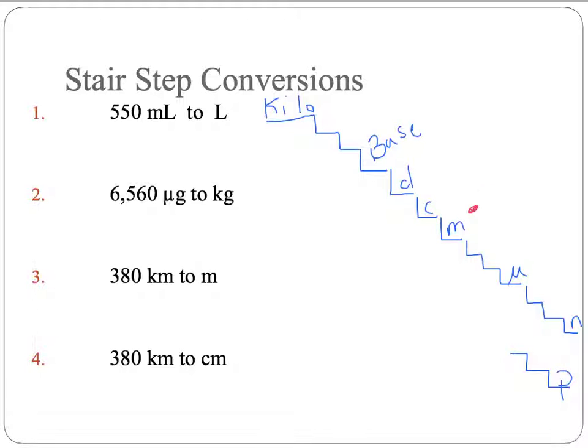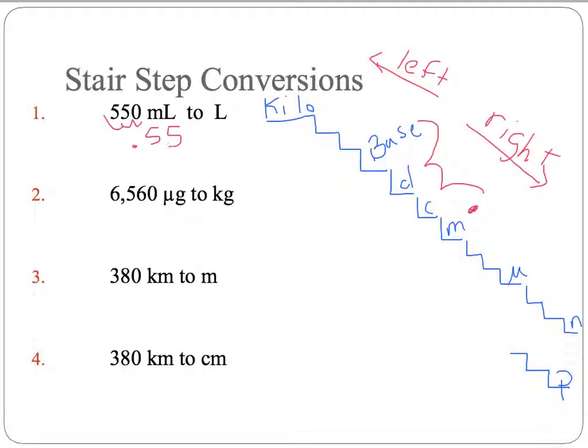So I'm going 1, 2, 3 places, and when you go up the stair step, you move the decimal to the left. When you go down the staircase, you move the decimal to the right. So I'm moving 3 to the left, 1, 2, 3. So 0.55 liters would be my answer there. And let me verify that I actually did that right.